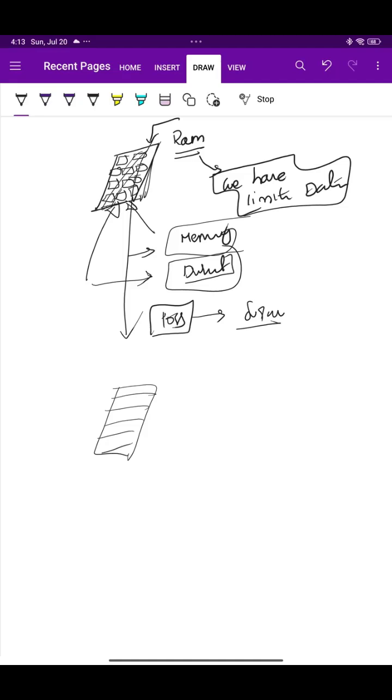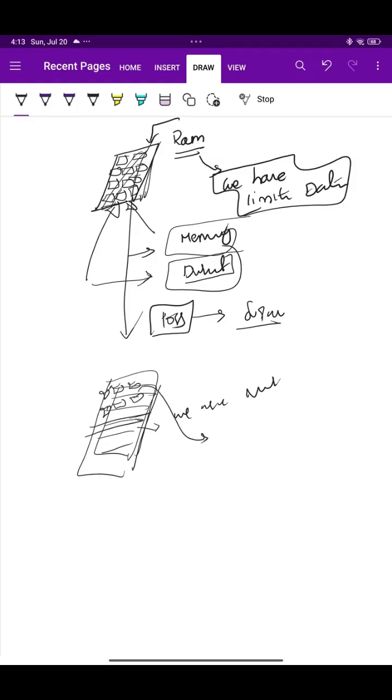now let us see what happens if we postpone the flushes, and what happens if we preemptively flush the pages. If we postpone the flushes, that means we are not flushing the pages. The pages available in RAM become dirty.